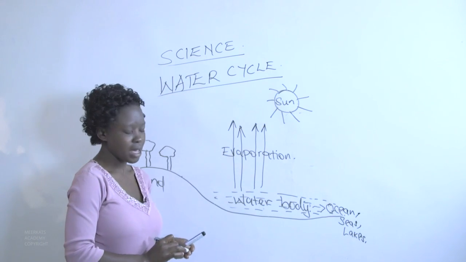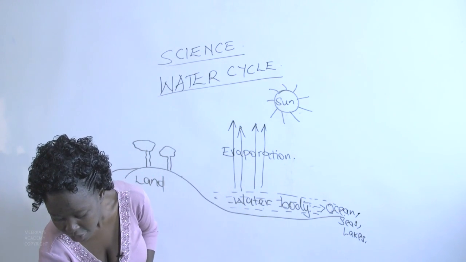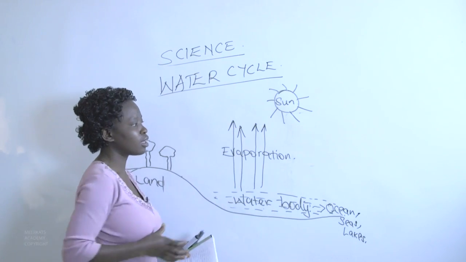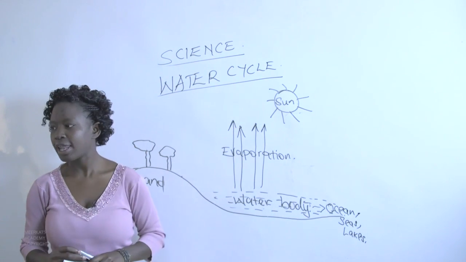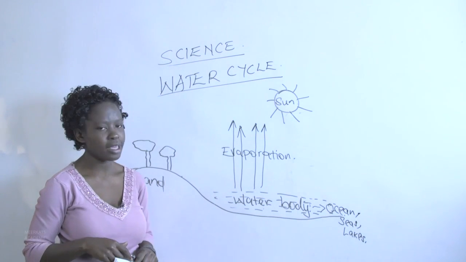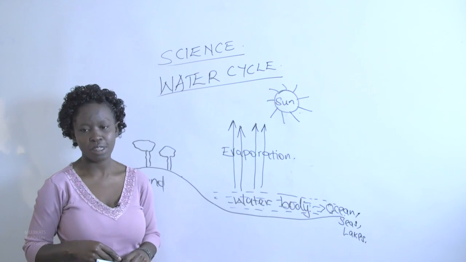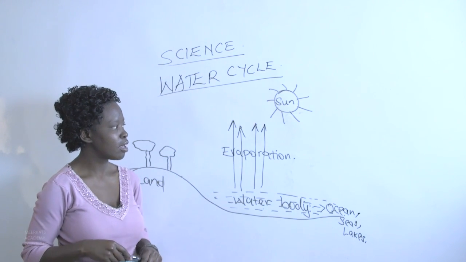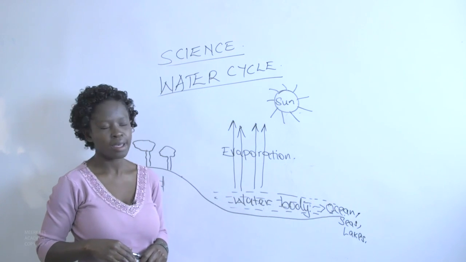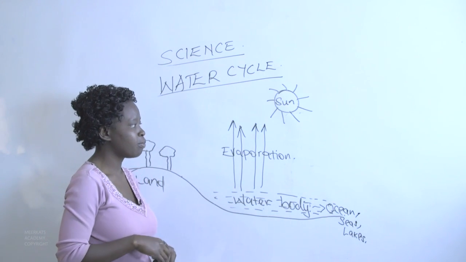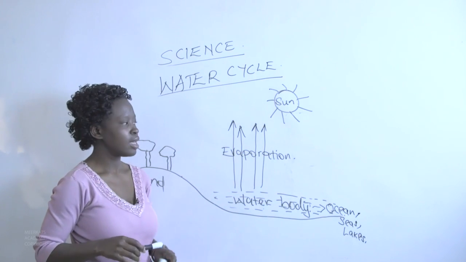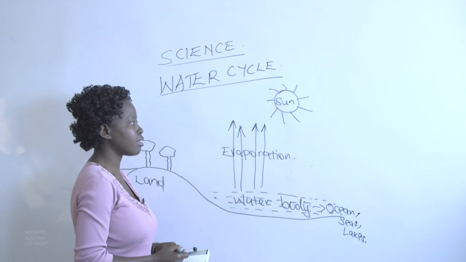So this water vapor rises up in the atmosphere, in the troposphere layer of the atmosphere, where, as you move higher, the temperature lowers. Since the temperature is lower in the higher levels of the troposphere, as this water vapor rises, it ends up cooling at a certain point.